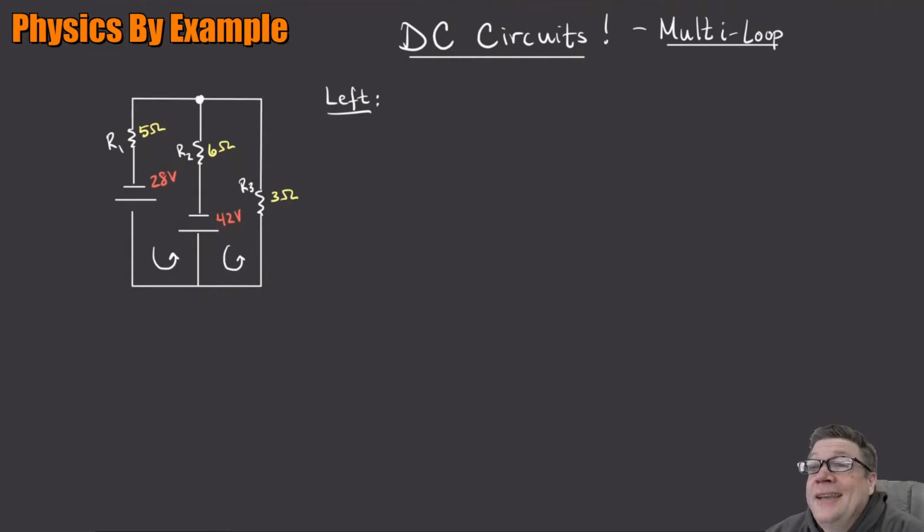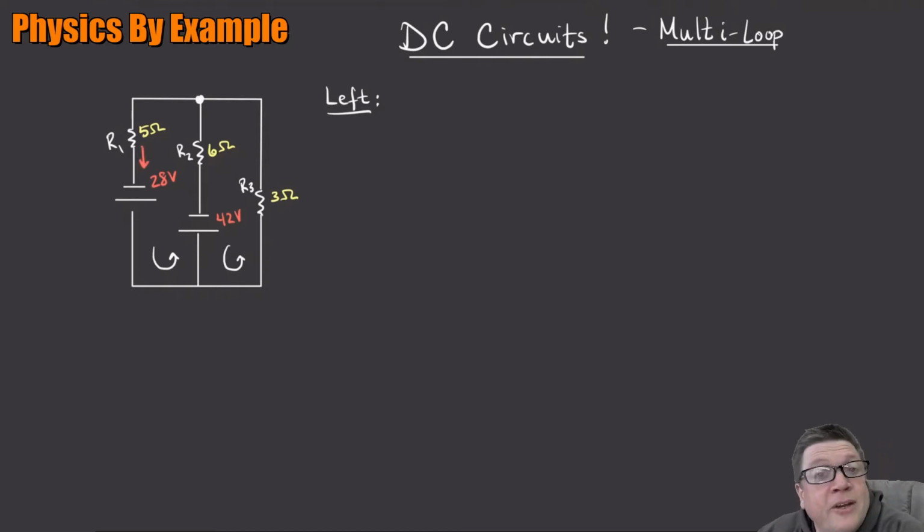Next, you pick a direction for the currents through those resistors. What's nice is that it's arbitrary. You can pick whatever you want as long as you're consistent, so I recommend writing them down. Through the R1 resistor, I'm going to pick the current going that way.